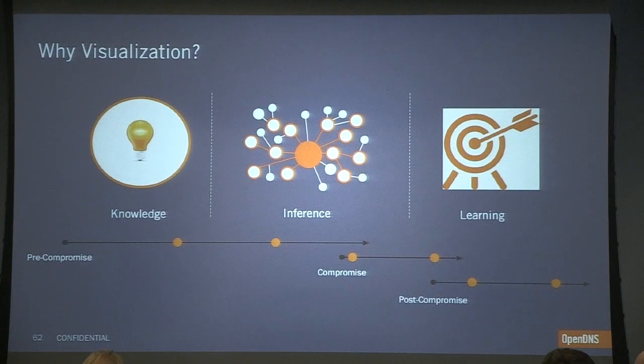But that's not nearly as powerful as the things we can infer based off of the graph and the relationships and the connectivity of all of the data. And inferences of guilt are really powerful because it takes one thing and explodes it into a much bigger net of things that you can go after.